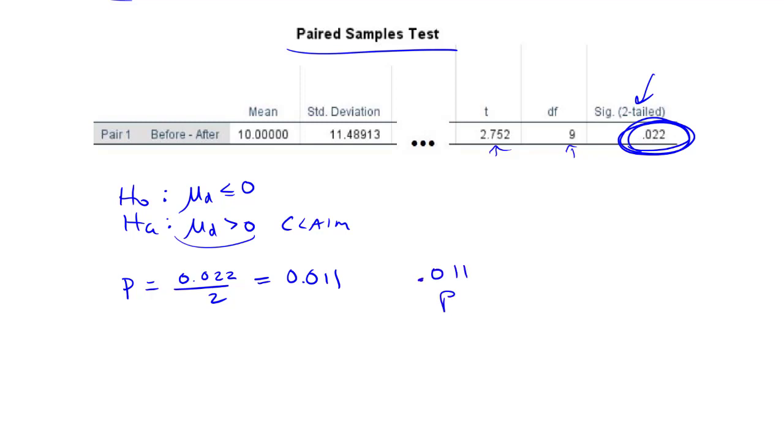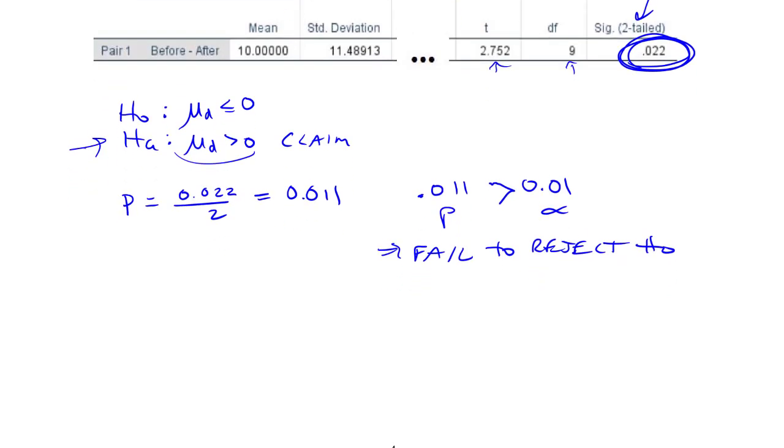Now I have to compare that 0.011 p-value to my 0.01 value for alpha. It's slightly bigger than, so I will have to fail to reject H0 here. So what does that mean? Again, the claim was in the alternative, so that's support. I was not able to get there.